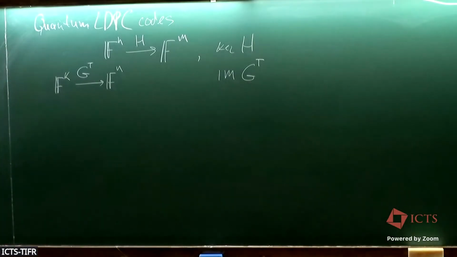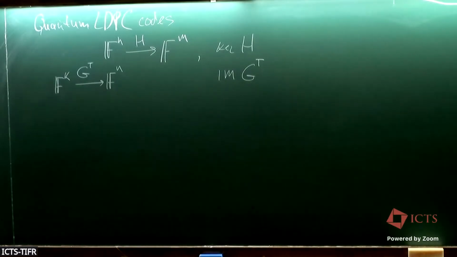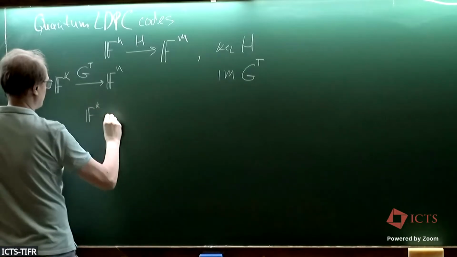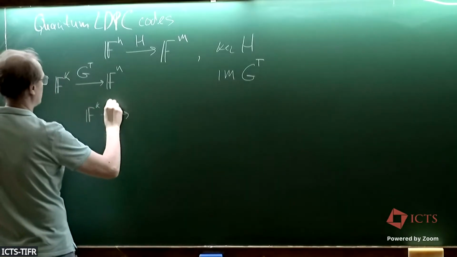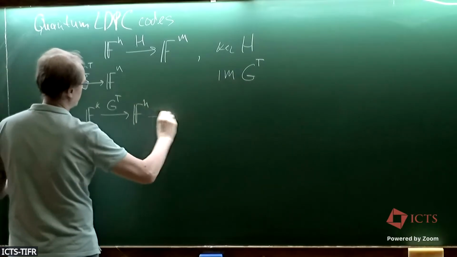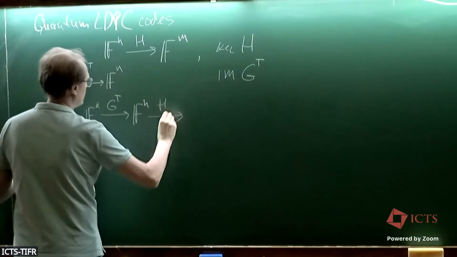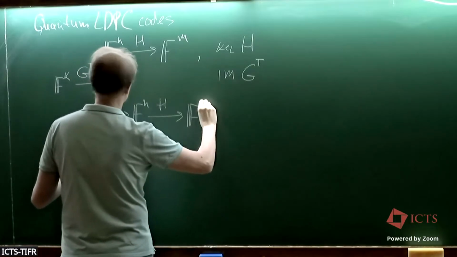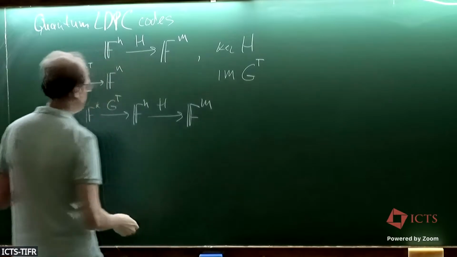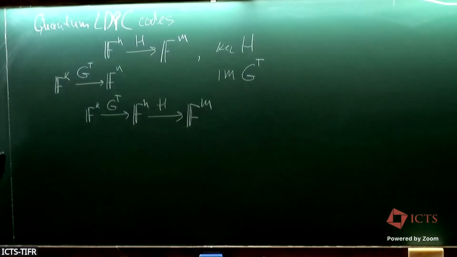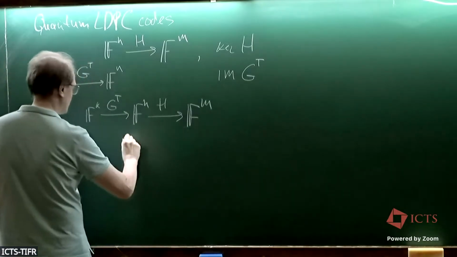And now, what if we combine this? Yes, so we get the following object. We have a sequence of maps. And this sequence of maps has the following property, of course.